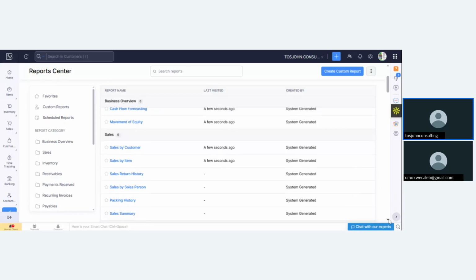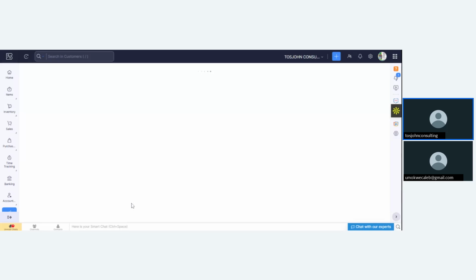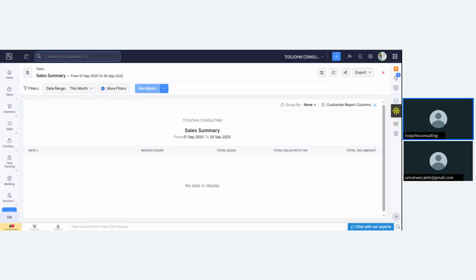So sales return history. If you have any sales that was returned or rejected, you will see it there. Sales by sales person. If you have sales representatives, who among them are selling more, right? You'll be able to see it here. Packaging history, sales summary. So you can be able to see the summary of all your sales under this sales summary, right?